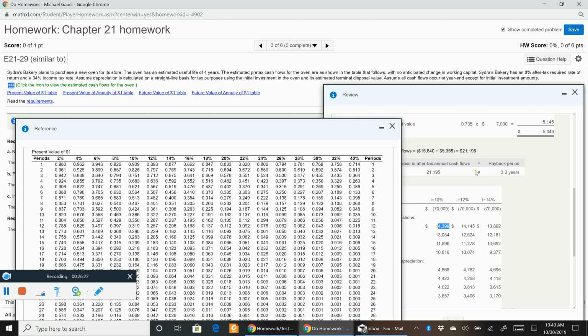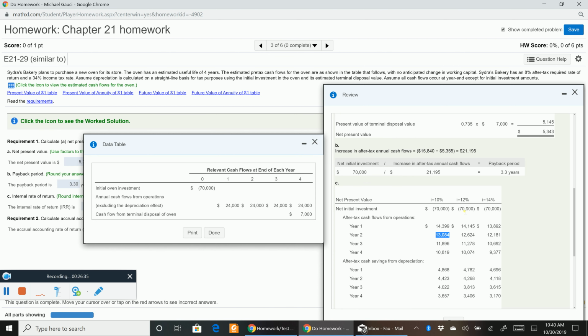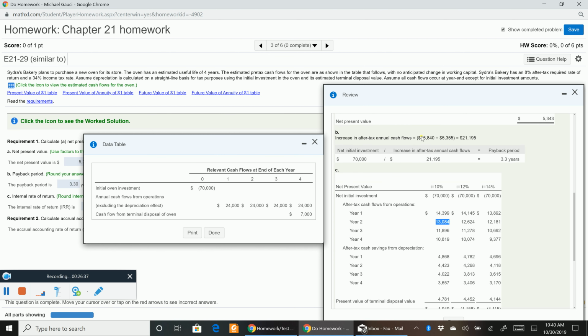And then the next column, 15,840, we will multiply by 0.826. You will get 13,084, etc. So once again, we are taking the 15,840 and converting it to present value under the 10% assumption.